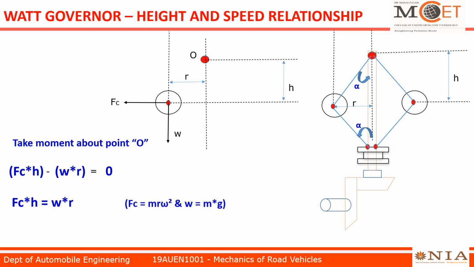We know that centrifugal force equals m r omega squared, that is mass, radius of rotation and angular velocity. Weight of ball equals mass of ball into gravity, you know that very well. If we apply this in Fc into h equals W into r, we get m r omega squared into h equals m into g into r.